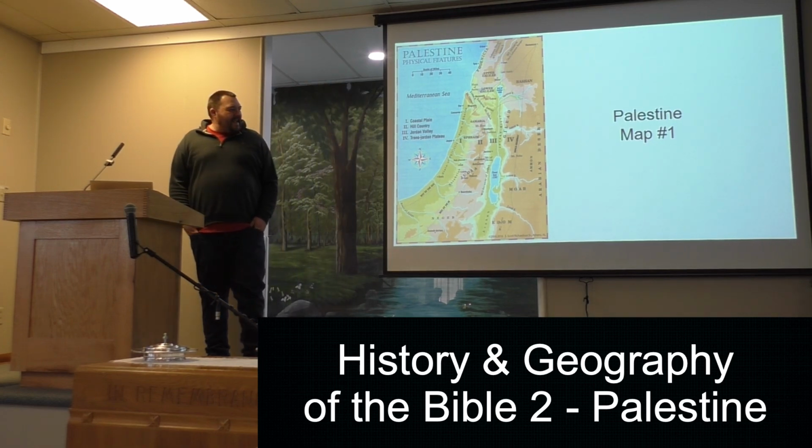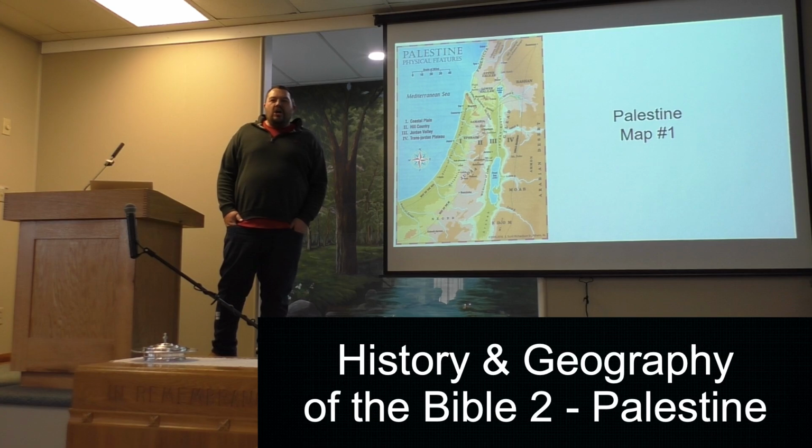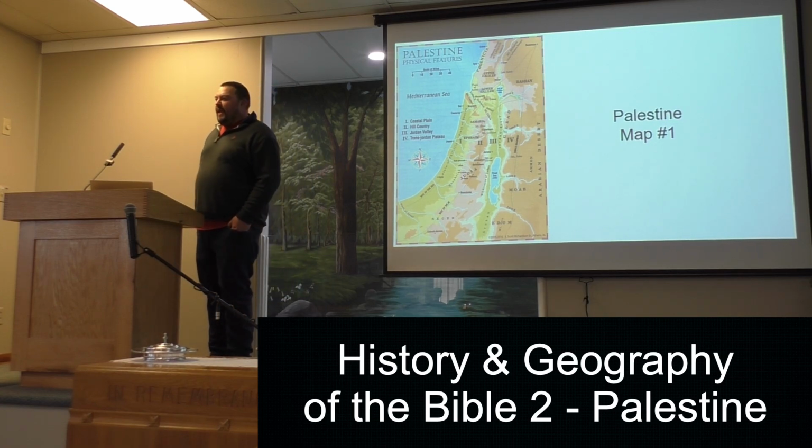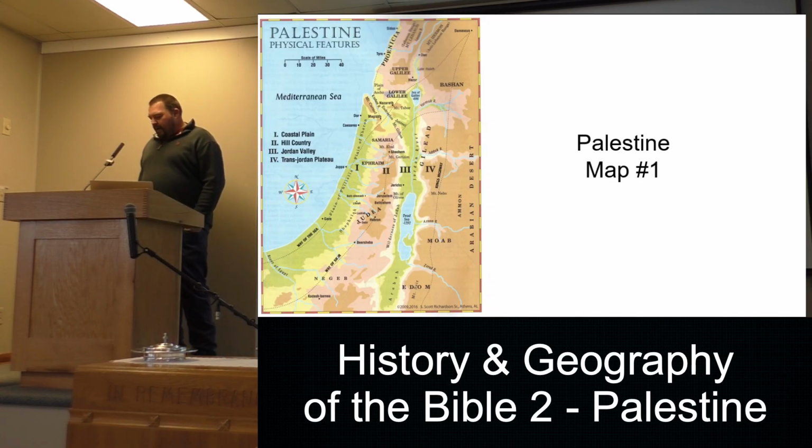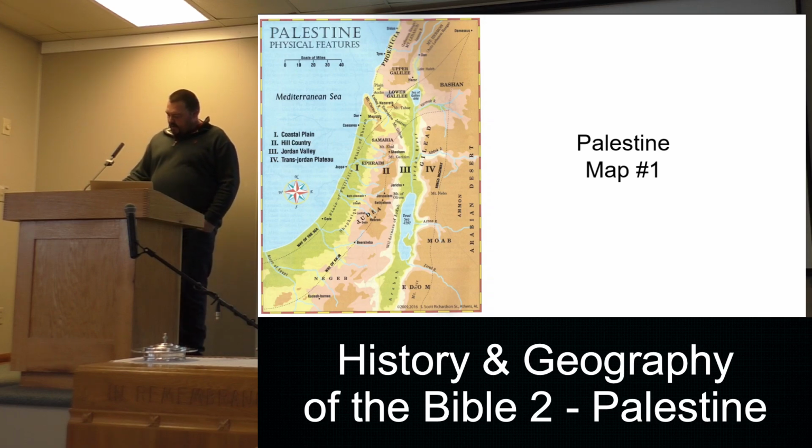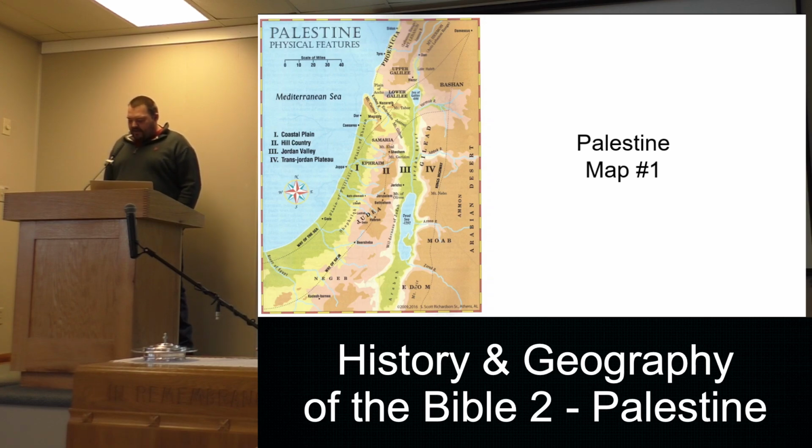Now the Philistines, not 100% sure where they came from. I got a note on it here somewhere. In Genesis 10:14, it says, the Casluhites, from whom the Philistines came.